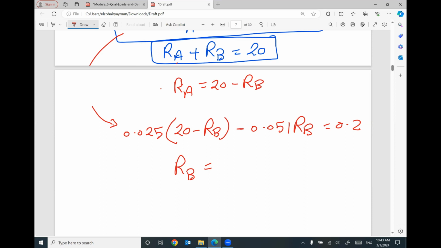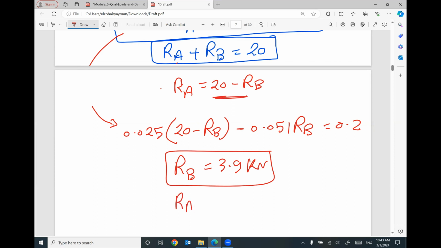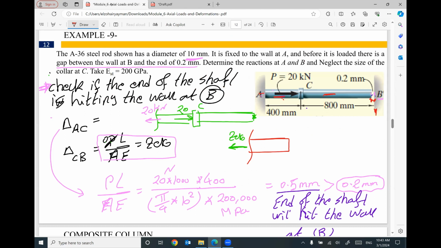It will be 3.9 kilonewton. If you go back here and put RB equal 3.9, RA will equal 16.1 kilonewton.